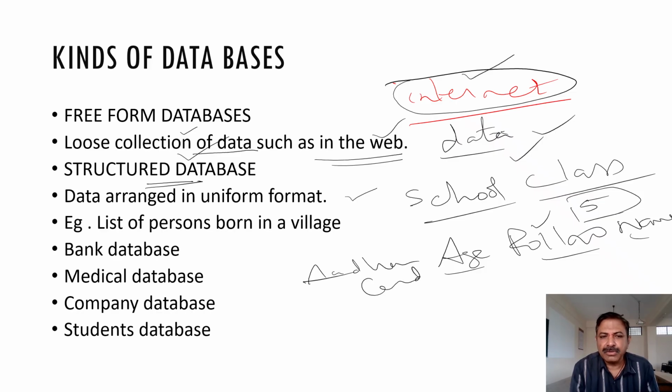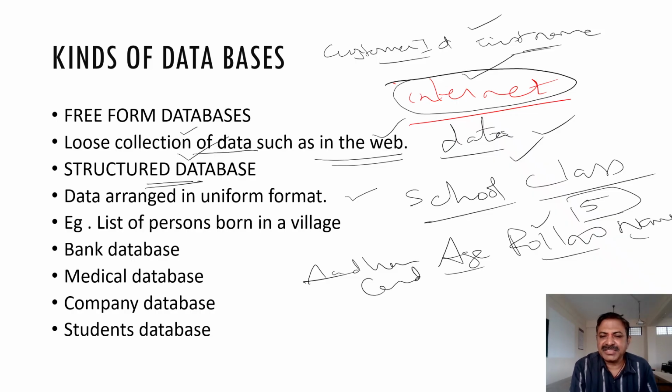So in school we have students data, in college we have students data, in bank we have customer ID data. So the bank name is, for example, Bank of Baroda or State Bank of India. We have customer ID, customer name.